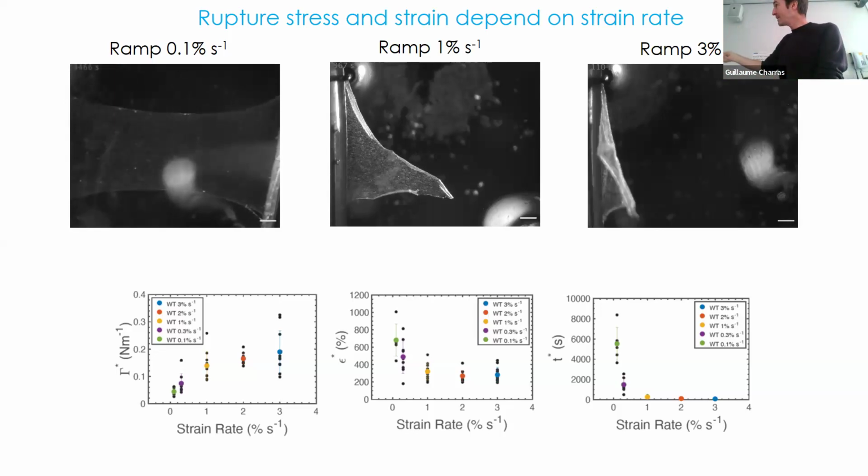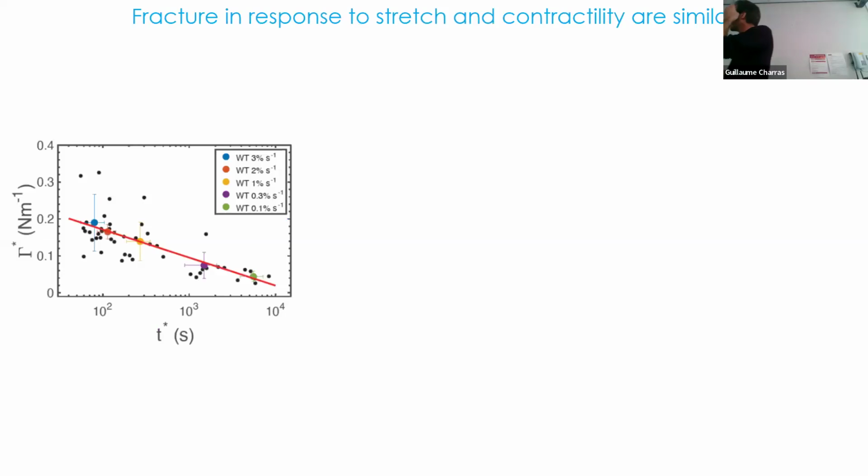You can take all of these experiments and plot them in a rupture tension, rupture time diagram. What you see is an exponential scaling between the rupture tension and the rupture time. Essentially, if I subject my tissue to high tension, it's got a short lifetime. And if I subject it to low tension, it's got a much longer lifetime.